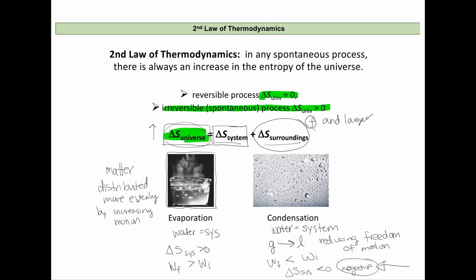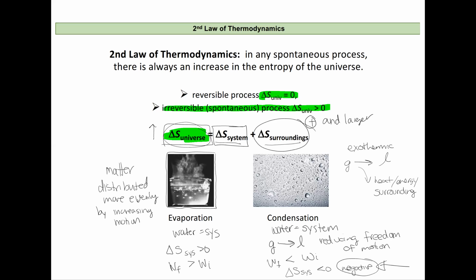And what's happening with our surroundings here, in this spontaneous but negative entropy process, is that as our gas particles condense to liquid, they release heat or energy into the surroundings. We've talked about phase changes as being either endothermic or exothermic. And so this is an exothermic phase change where energy is released, kinetic energy is released as heat, so that our water particles can slow down and have less motion.